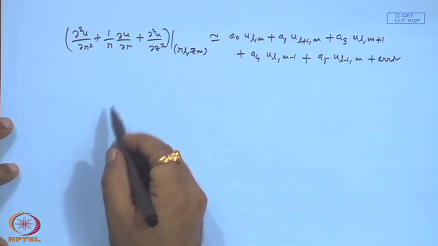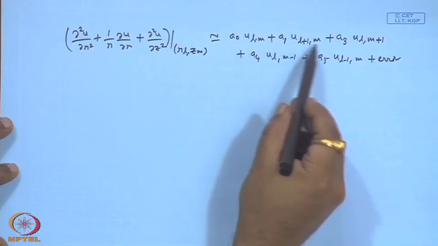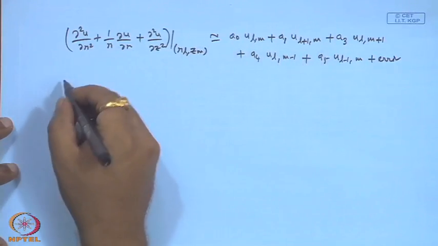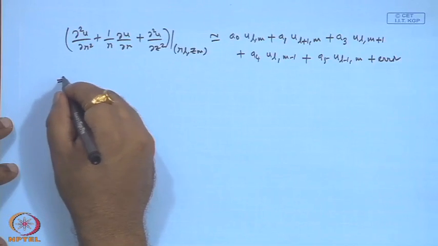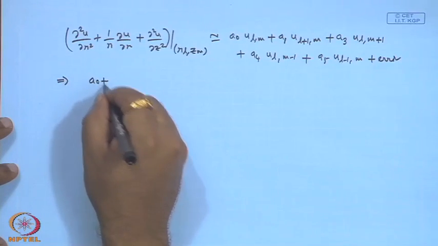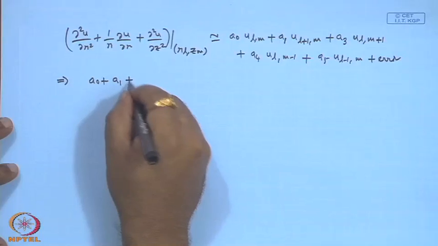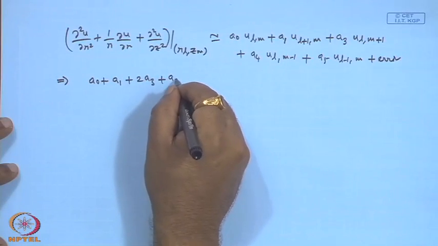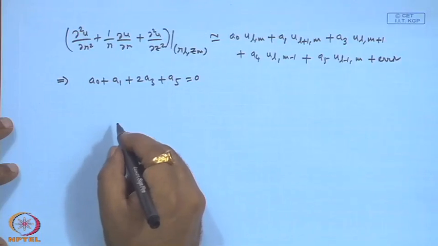So, we approximate. So, then expand the Taylor series expansion and then collect the coefficients and compare. So, by doing so we get the following system. So, please do yourself and make sure that this system is obtained.